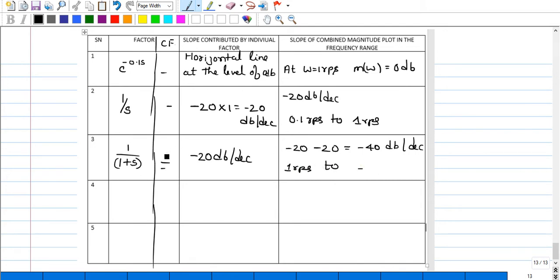So we have the final factor, that is 1 by 1 plus s by 10. Then we shall have the corner frequency as 10. If you substitute 1 by t as 1 by 10, you can take it back to the numerator. So again this term will give us minus 20 dB per decade.